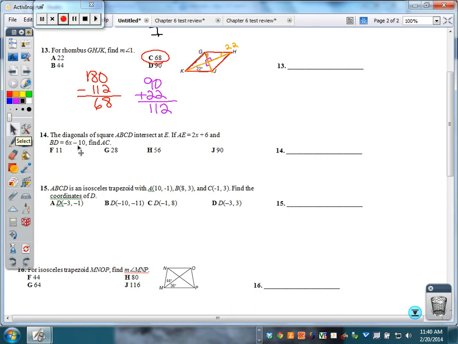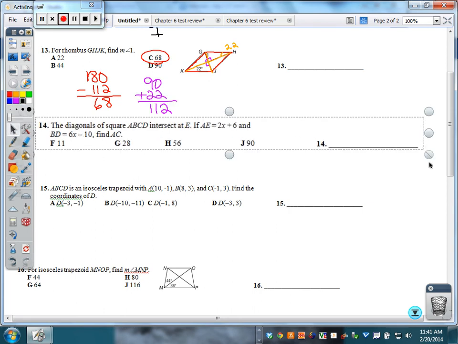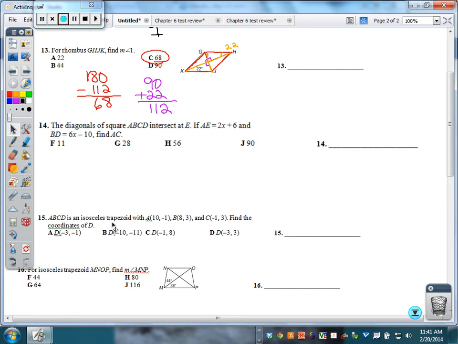And number 14. Looks like, again, we need to go ahead and draw just a picture here of our rectangle, or square. So we have a square, A, B, C, D. And they're going to intersect at point E. And so we're told that AE equals 2x plus 6.